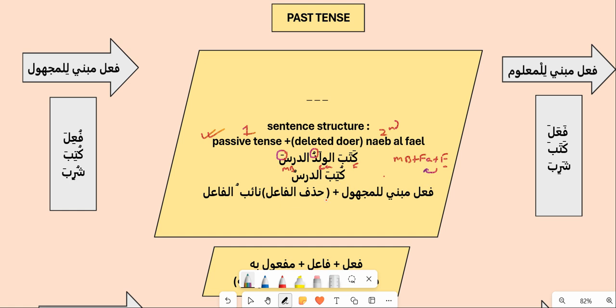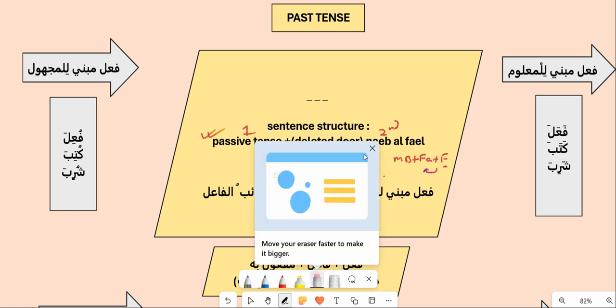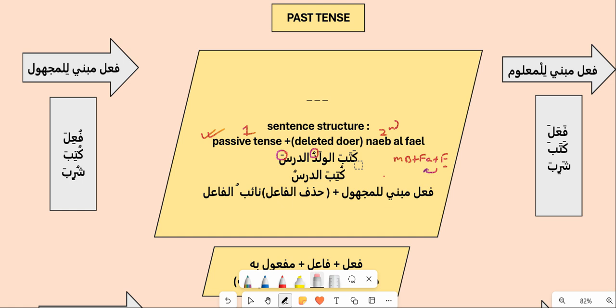Let's check. In katabal waladu ad-darsa, you have a fil, a fa'il, and a maf'ulun bihi. But when you have a majhul sentence, you only have a fil, which has now become a passive tense fil, and only a naibul fa'il.